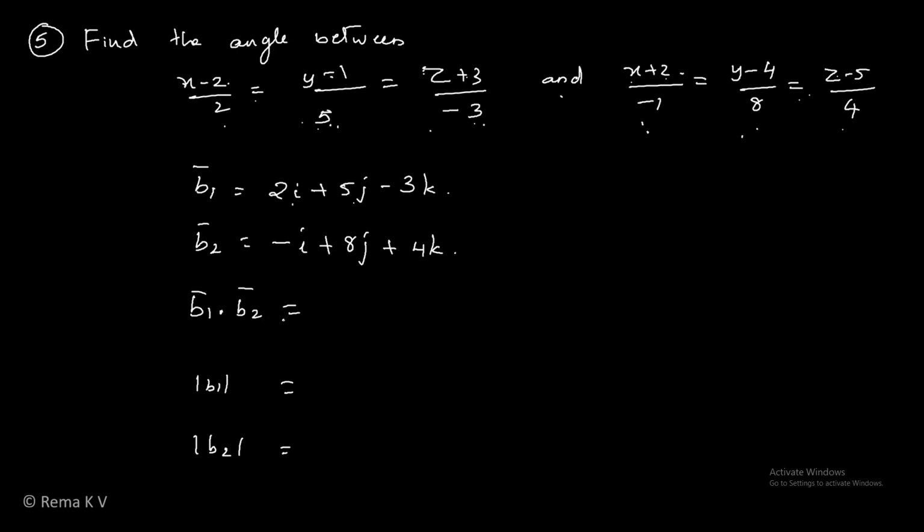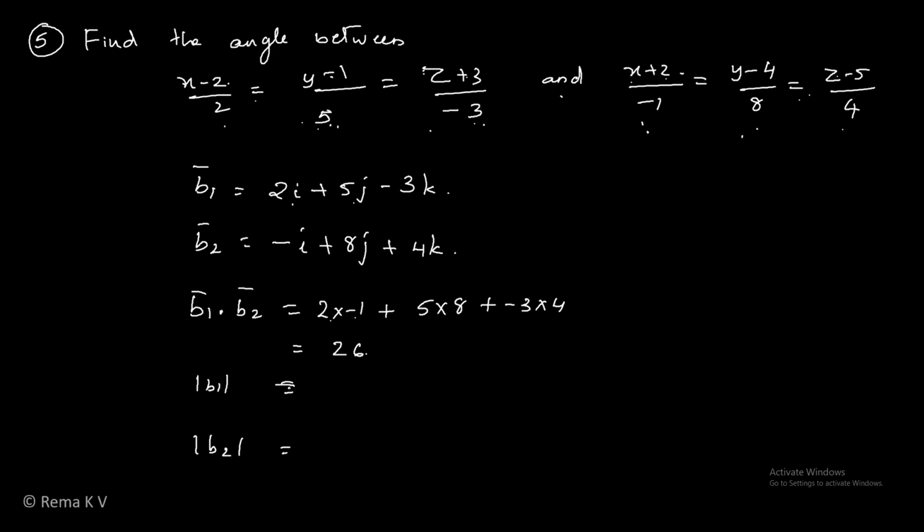b1 dot b2 is 2 into minus 1 plus 5 into 8 plus minus 3 into 4. This is equal to minus 2 plus 40 minus 12, which is 26.